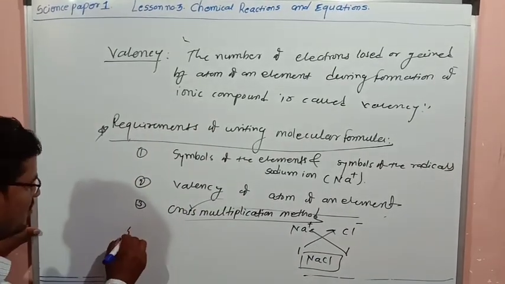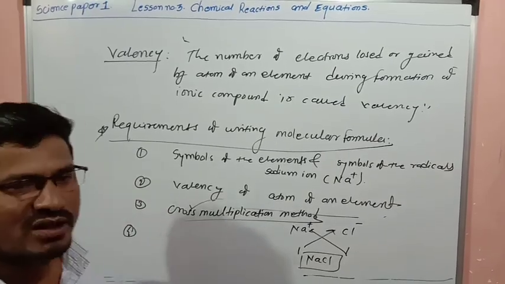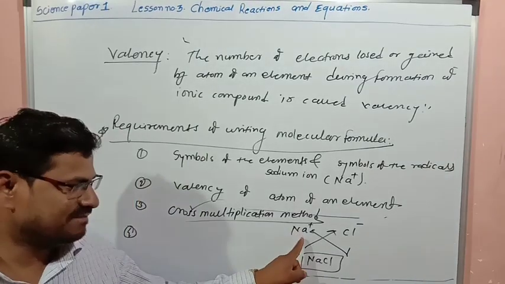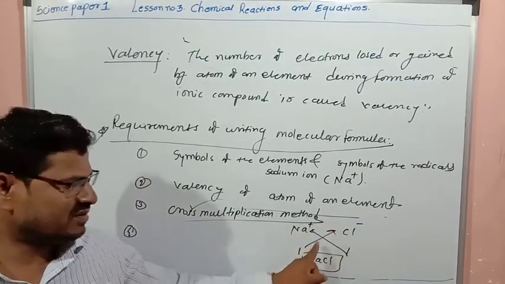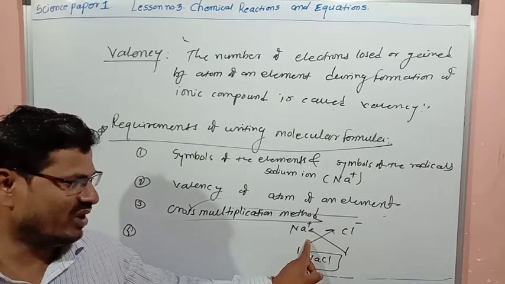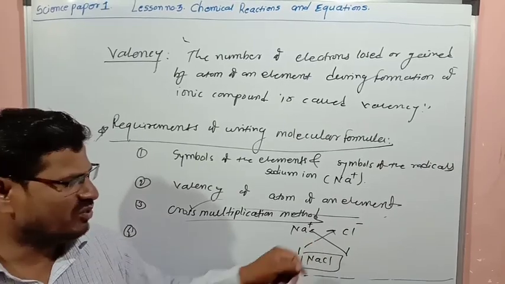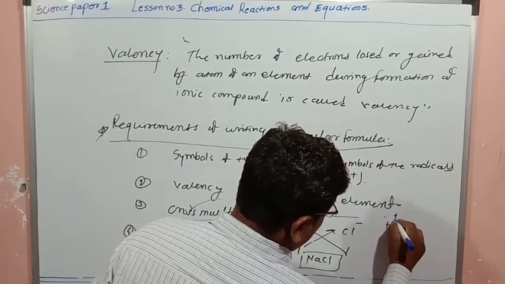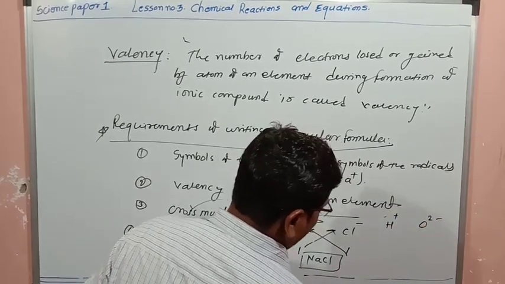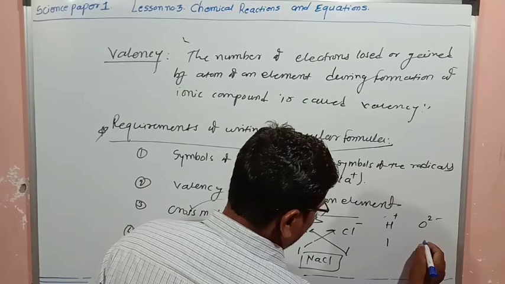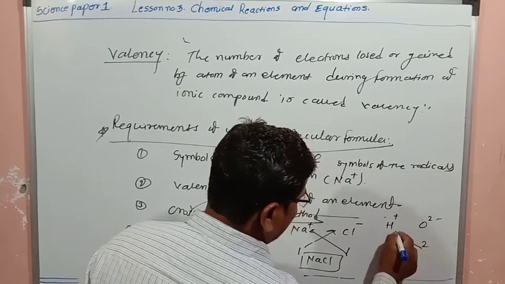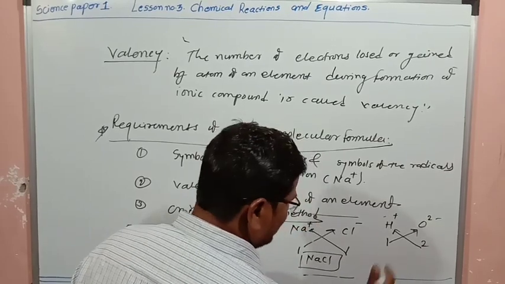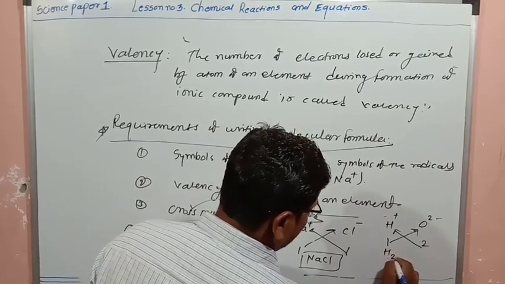Then the fourth point: while writing the chemical formula, write the radicals and their valencies, and then do the cross multiplication. Take another example, H plus and O2 minus. The valency is 1 and 2, and if you do the cross multiplication you will get H2O.